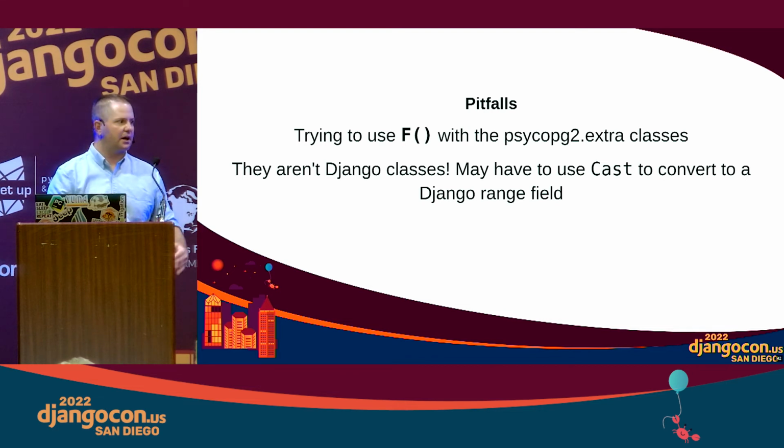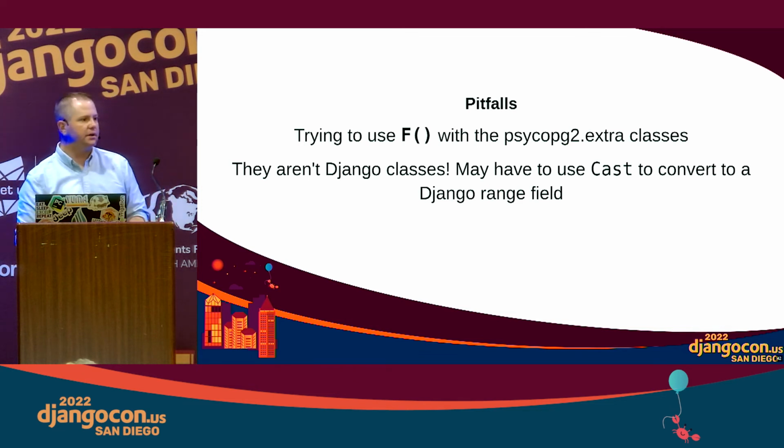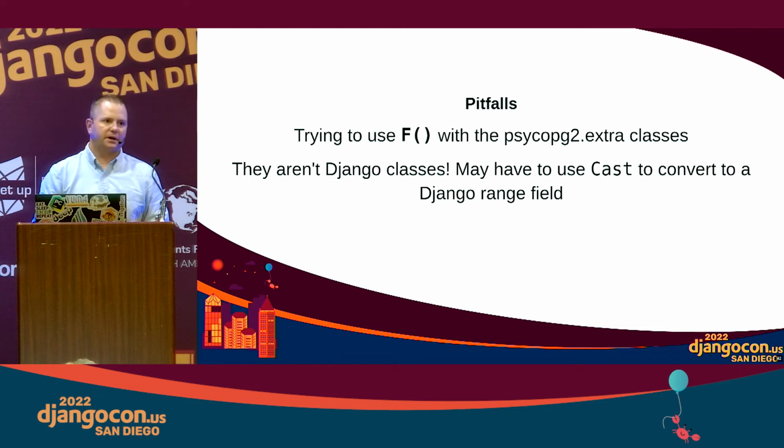They are kind of that translation layer between the two. So you may have to use cast if you're trying to pick out, for instance, to conduct aggregation or annotation, where you would typically use F. You may have to cast those to an actual Django range type to be able to do that.